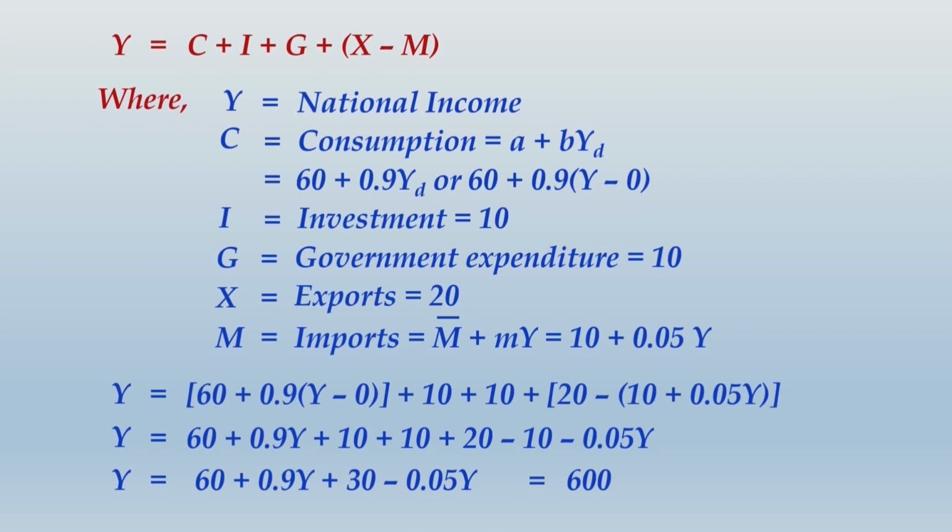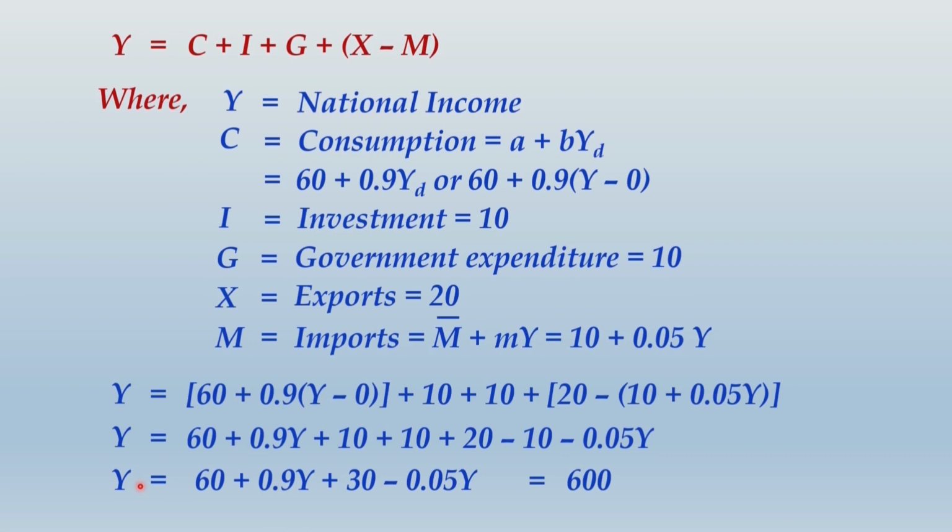Alright friends, some students could be having a little discomfort when I directly write 600 here. If you have this discomfort, don't worry, I'll explain once again. Look at one thing. This negative 0.05Y, when shifted to the left hand side, will become plus 0.05Y, and plus 0.9Y when shifted to the left hand side will become minus 0.9Y.